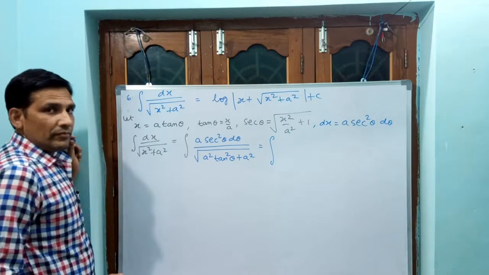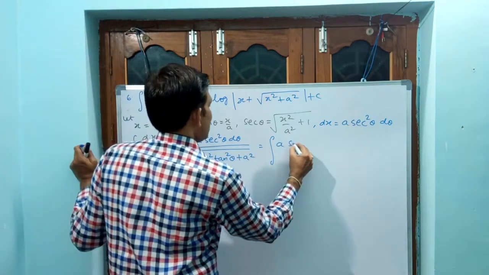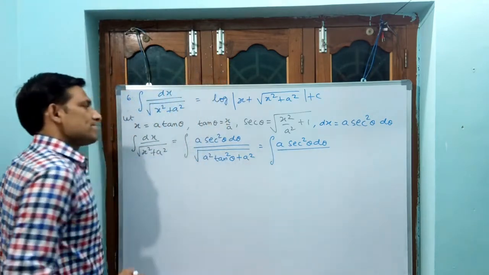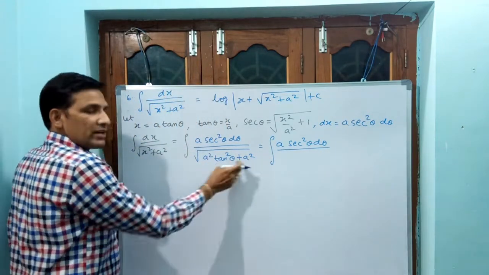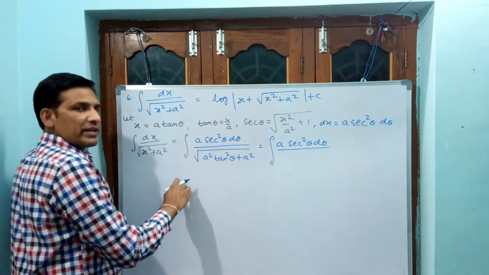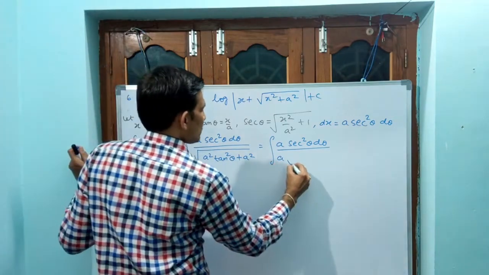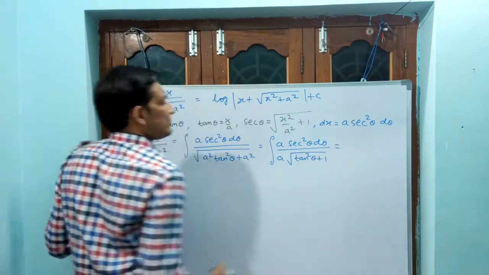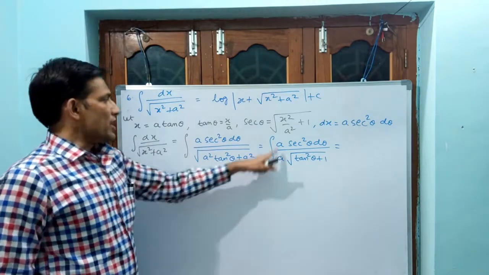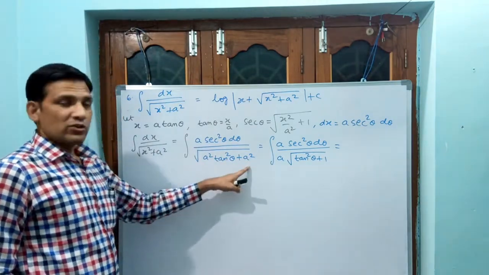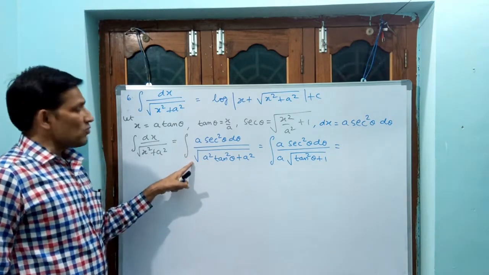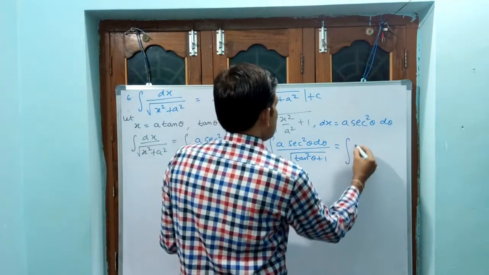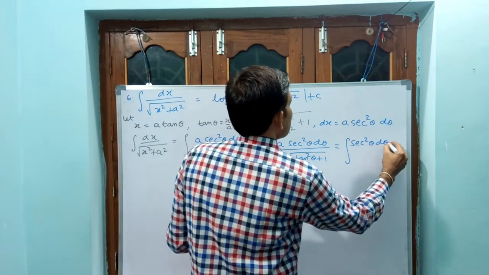That is integral a secant square theta d theta divided by a square root of tan square theta plus 1, since a square I have taken out. A got cancelled. Why? Because in the square root, a square comes out as a, and a gets cancelled. Now the numerator is secant square theta d theta only.